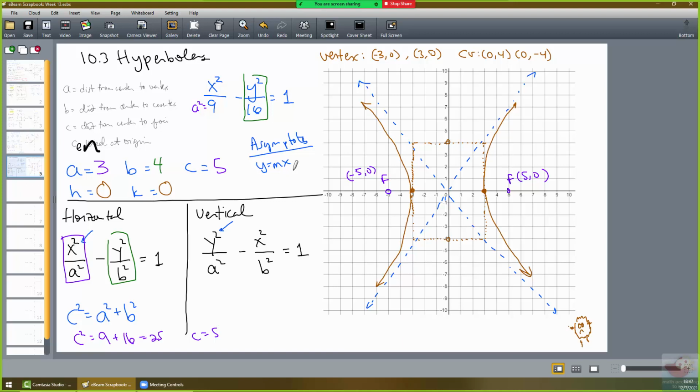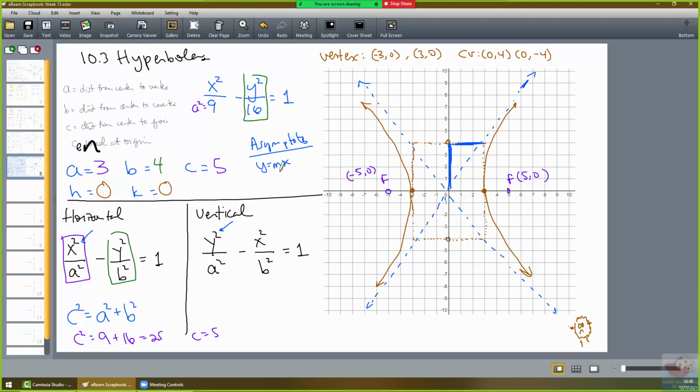Now, as a reminder, the way the book approaches things is totally fine, but they inundate you guys with formulas. I'd rather you just count. m, remember, is the slope, and slope is rise over run. So notice here, to get the increasing line, we want up 4, right 3.